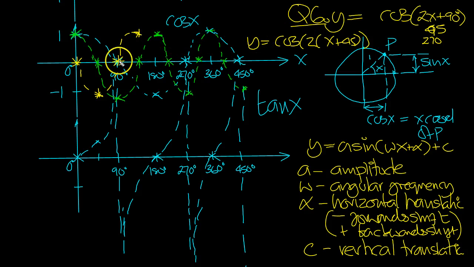It's just back 45, back 45, back 45, back 45. I'm getting lost here. I think that's right. And then the next one's back 45. I'm shifting back 45 because it was a multiple of x.